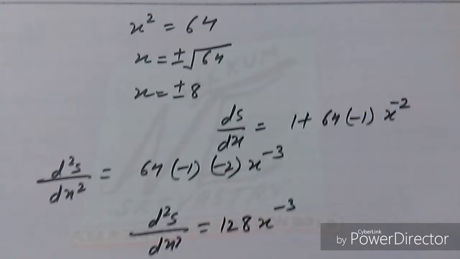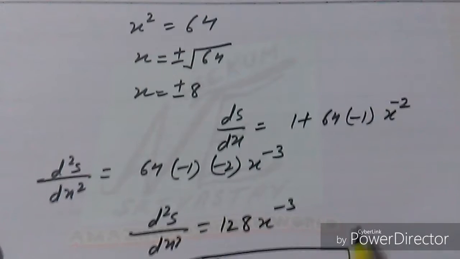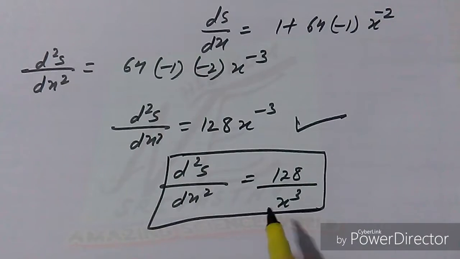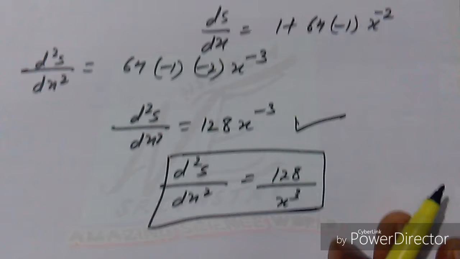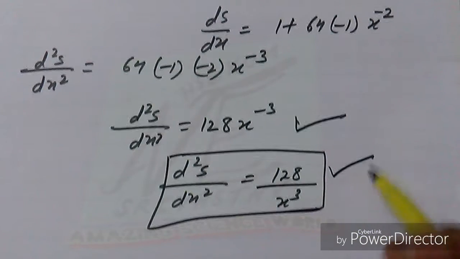My friends, now d square s by dx square is 128 by x cube. We write the equation like this because we remove the minus sign and take it into the denominator. Now we put the value of x in this equation.